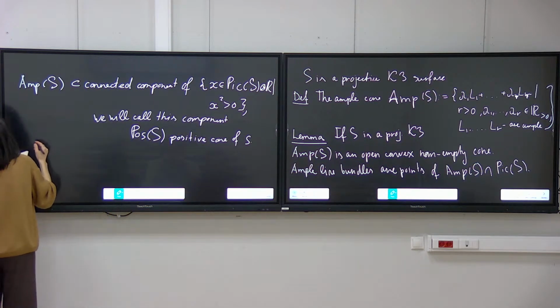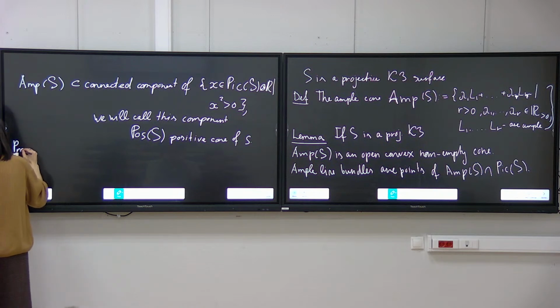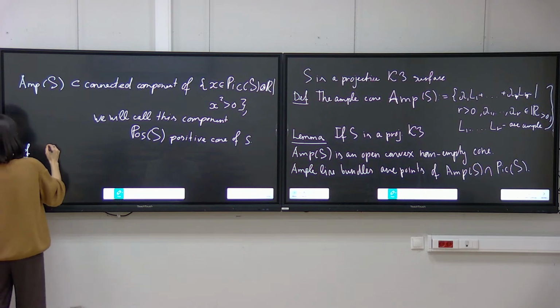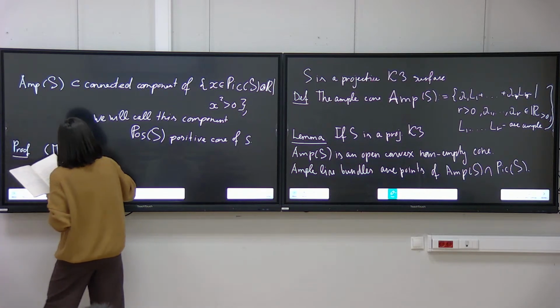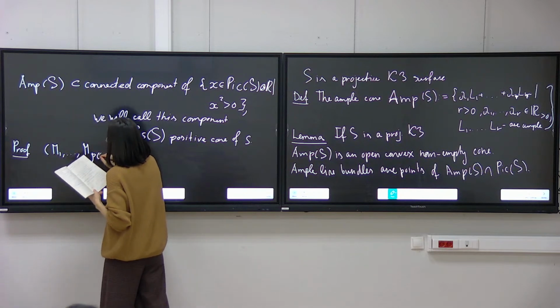So now let me present the proof. Suppose we choose a basis. This is the Picard rank.